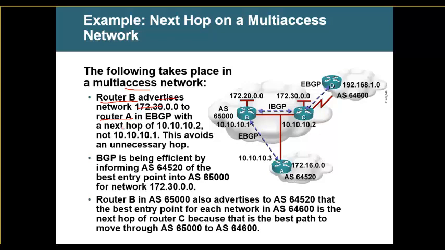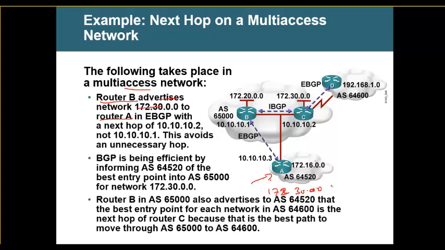This is router A. Router A is learning 172.30.0.0. Can someone say where is 172.30.0.0? C. Router C, sir. Okay. Router C is advertising this network, and router B learns it.